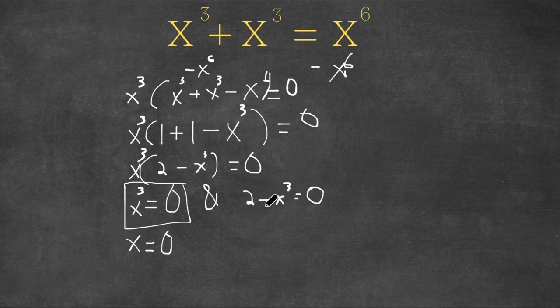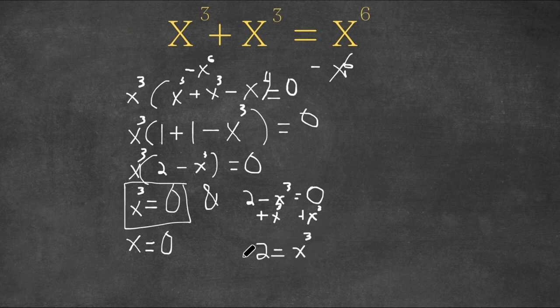All right, so now let's solve this one. Let's add x to the power of 3 on both sides. So we get 2 is equal to x to the power of 3.